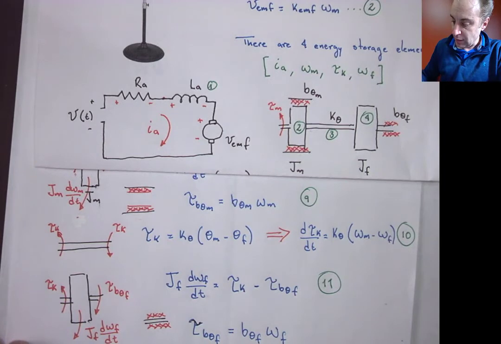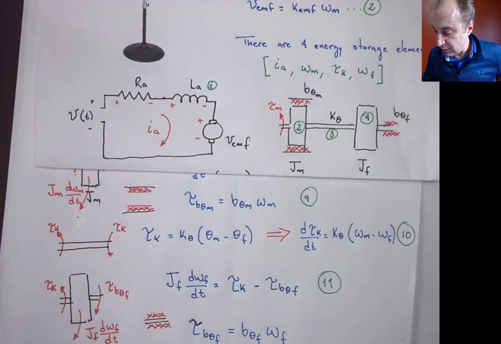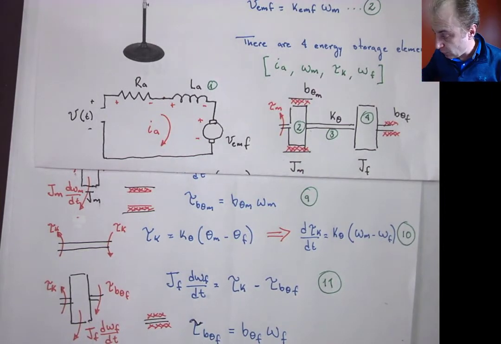Okay, so that's the angular velocity difference between the two bodies. It's friction, there is a bearing or something. No, sorry, this is for the wind, so we're just doing it with respect to the inertial reference frame. So it's going to be just omega f. And so that would be equation 12.